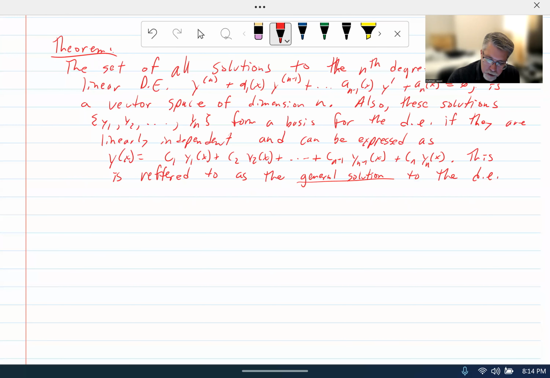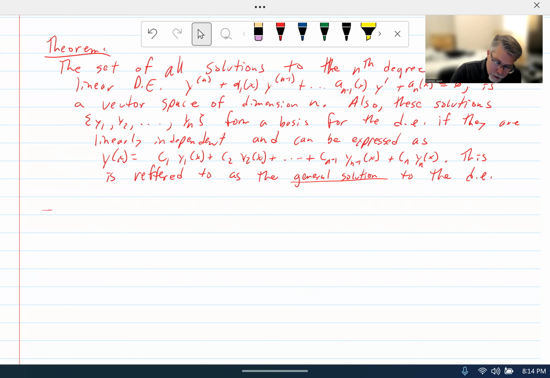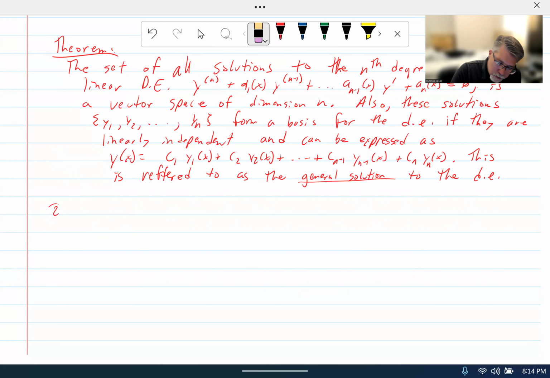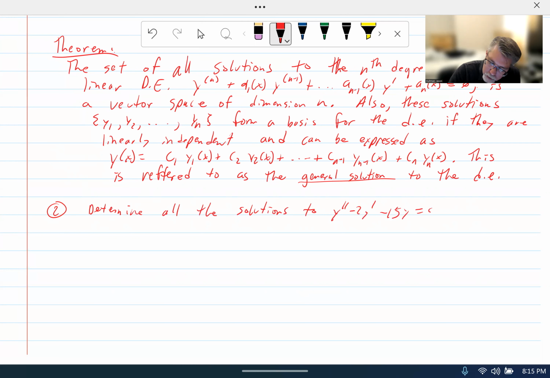So let's get a little bit more familiar with this idea, and let's do an example. Number 2 here: determine all the solutions to y double prime minus 2y prime minus 15y equals 0.